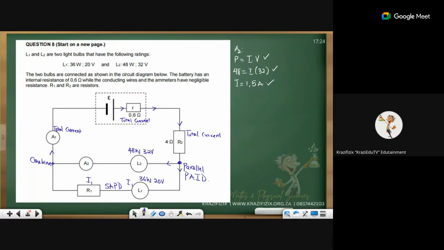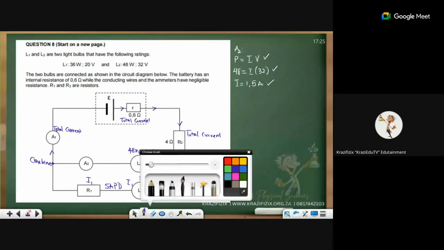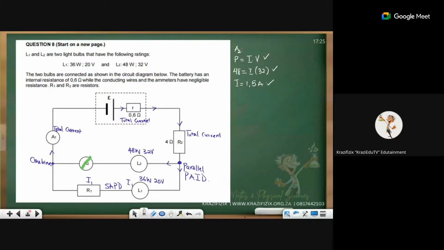If this was another resistor, or a light bulb, the same current would pass through. So current comes this way, gets here, and divides, and it maintains.